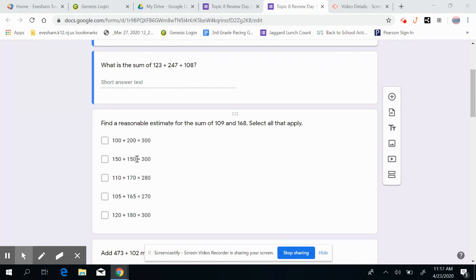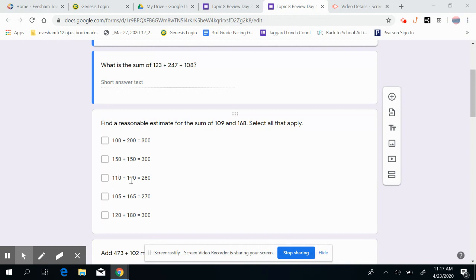I don't see how that would make much sense. If I were to round 168, I would maybe round it to 160 or 170, or like we did up here to 200, or maybe even 165. But rounding it to 150 wouldn't make sense. Same with 109. It wouldn't make sense to estimate 109 to be 150. So I would not click that one.